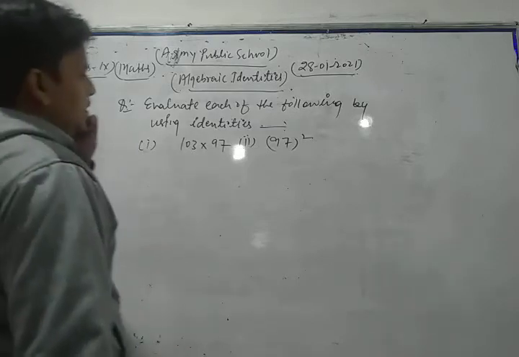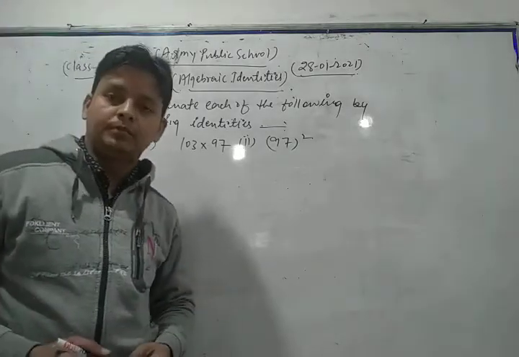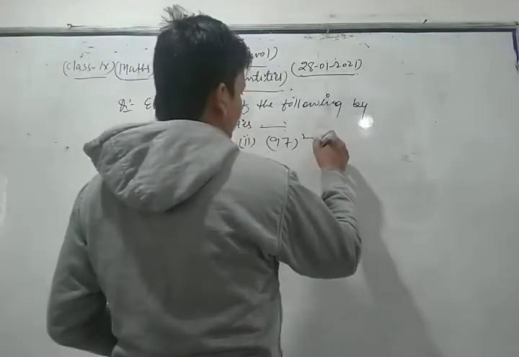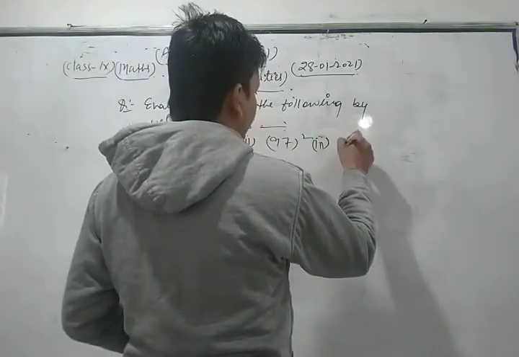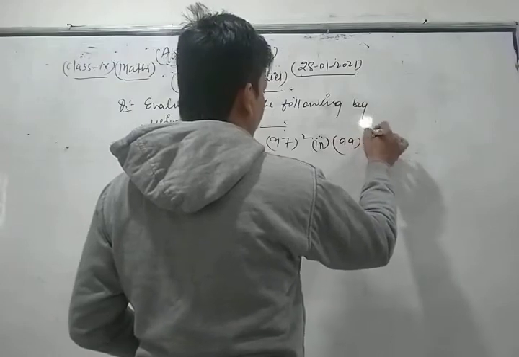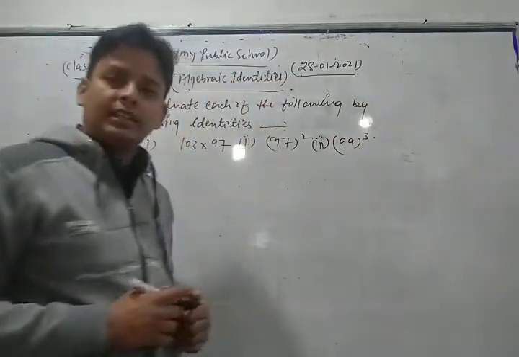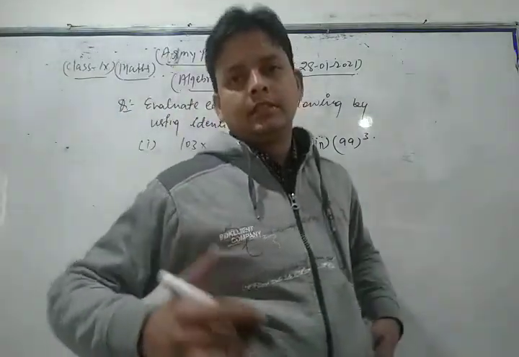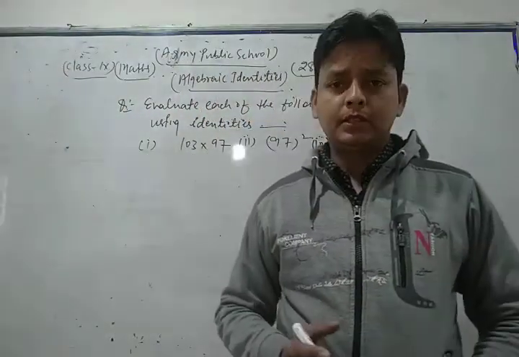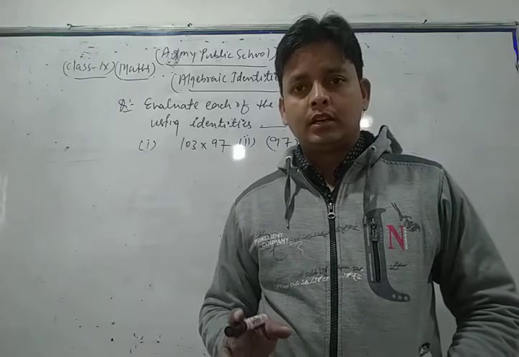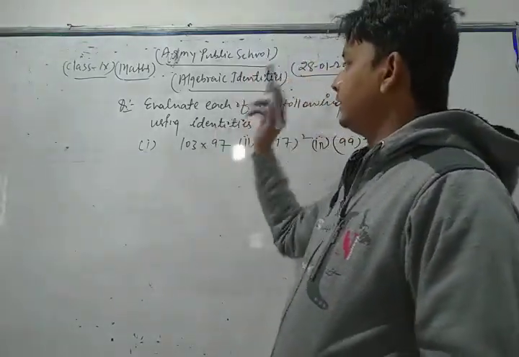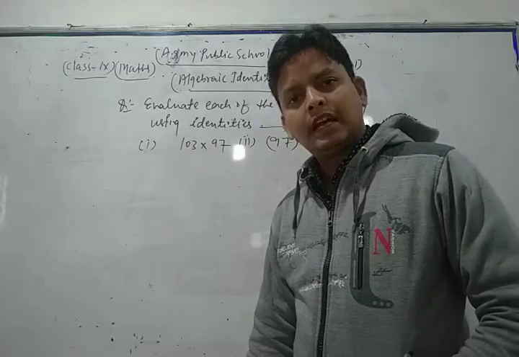Now we take these two algebraic identities. Now we take one more, which is 99 cube. All these are very important questions of your syllabus based on algebraic identities.